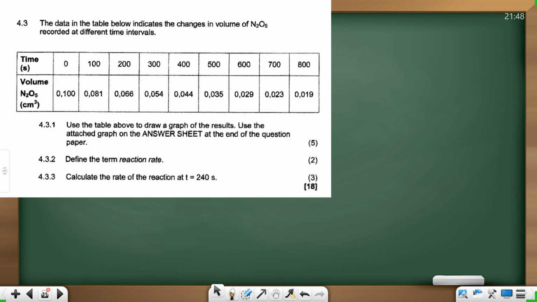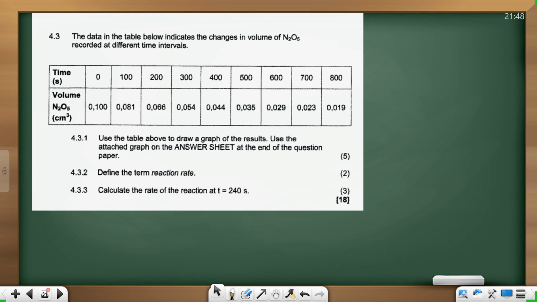Guys, I want to believe that you would be able to sketch this graph, but let's quickly see. It says the data in the table below indicates the changes in volume of N2O5, dinitrogen pentoxide, recorded at different times. Use the graph page to draw a graph of the results. Now we have time and volume.